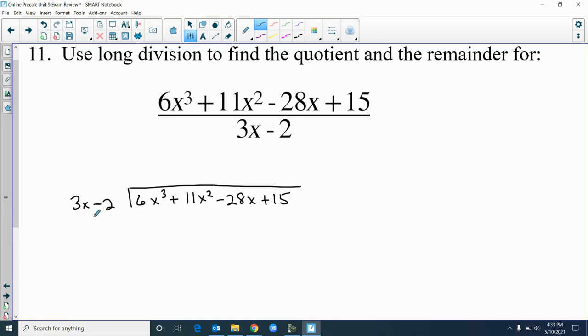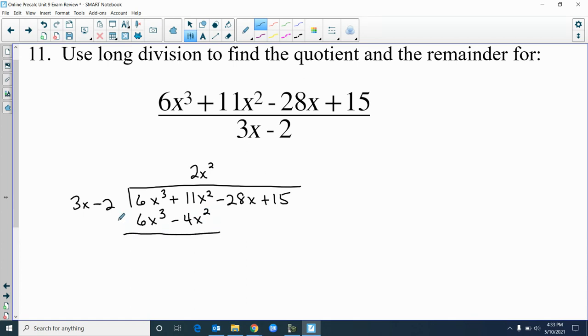All right, long division. You just worry about the 3x in each of the first terms. Either what times 3x or how many times does 3x go into 6x cubed? I like to think multiply. 2x squared times 3x gives me 6x cubed, and then 2x squared times minus 2 gives me minus 4x squared.